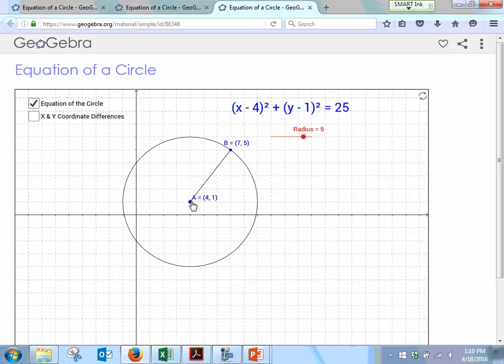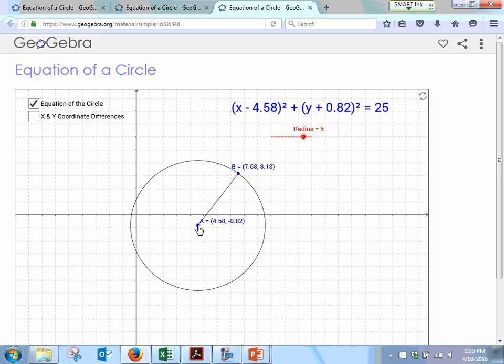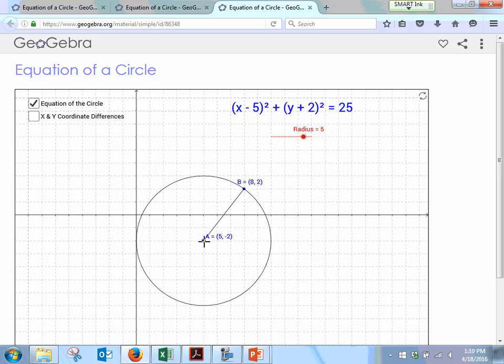And I can move this anywhere around. Let's just move it down here. Pick a nice number here. So when it was up at 3, 1, you saw x minus 3, y minus 1. Well, now look what happens when I move this down. The equation becomes x minus 5 squared plus y plus 2 squared is equal to 25.